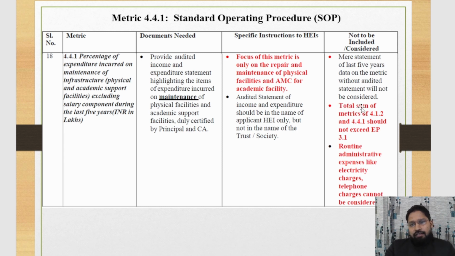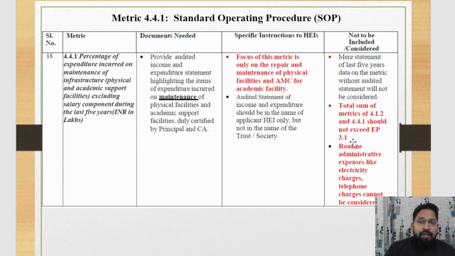Here, the total sum of matrix 4.1.2, which is based on expenditure on infrastructure, and 4.4.1, which is based on expenditure on maintenance, should not exceed EP 3.1. Here they mention that the expenditure of 4.1.2 and 4.4.1 should not exceed EP 3.1.